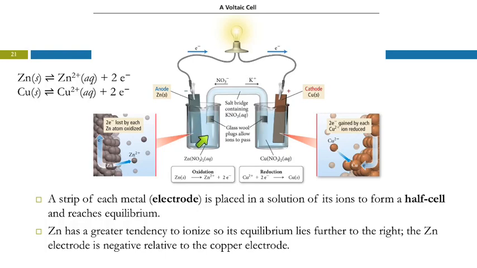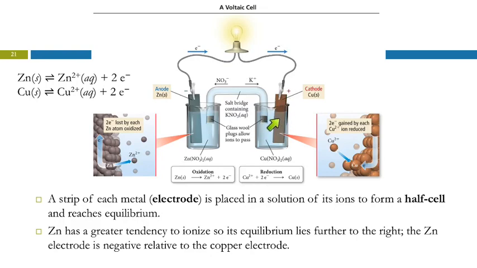Those electrons are going to build up on this anode, and because it's negatively charged, it repels the electrons, so they're trying to get out. The electrons will go through the wire, through the light bulb, lighting it up, and over into the copper electrode.